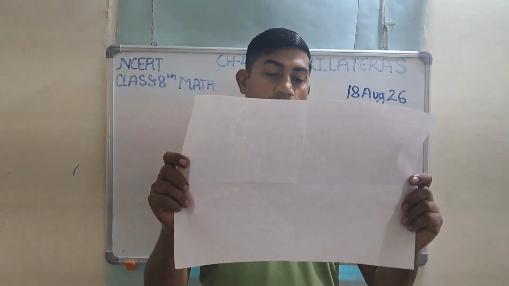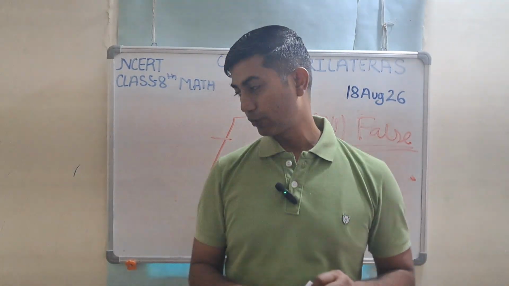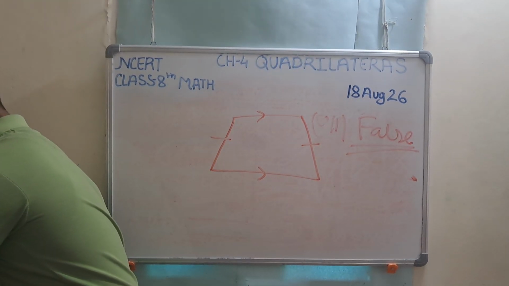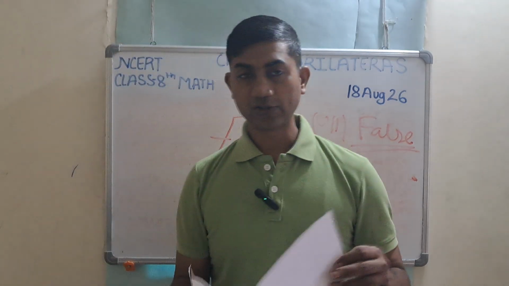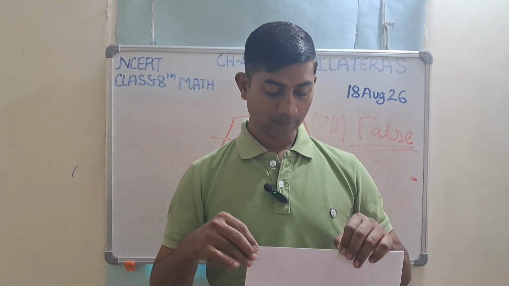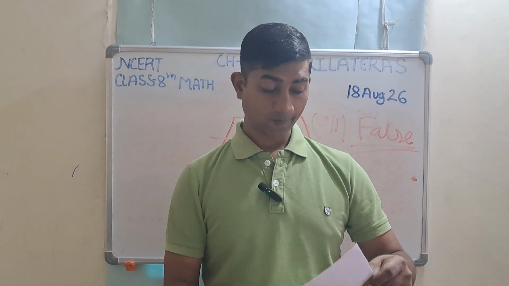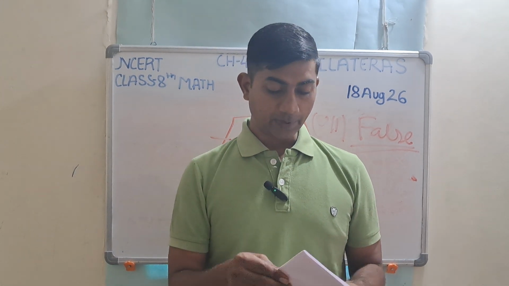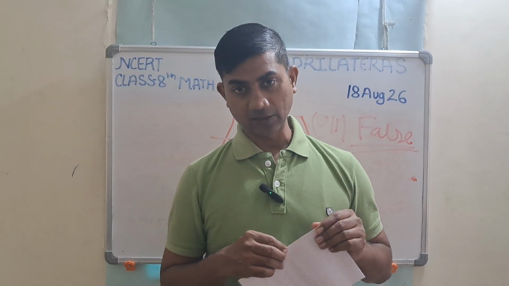No, it is actually not visible. We'll use the next paper. Now see, we have folded once and folded twice. In the previous folding we have seen that it is a rhombus.